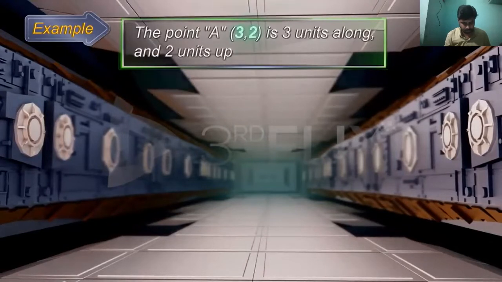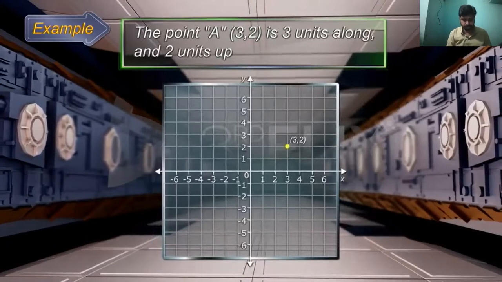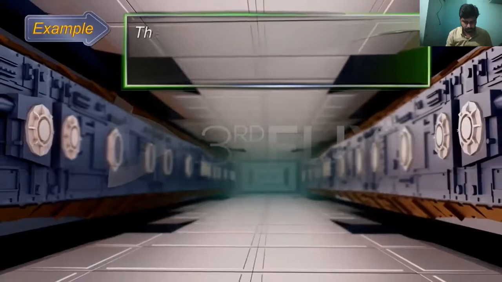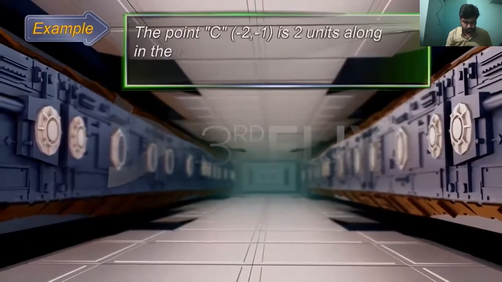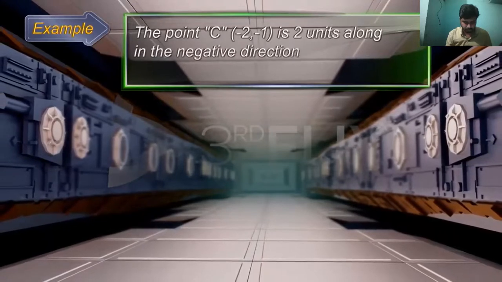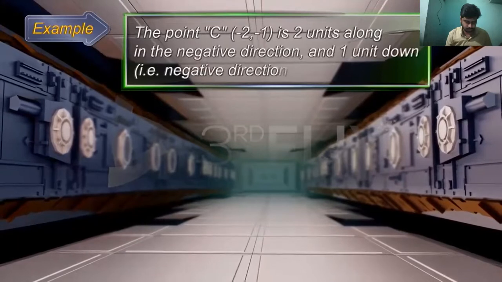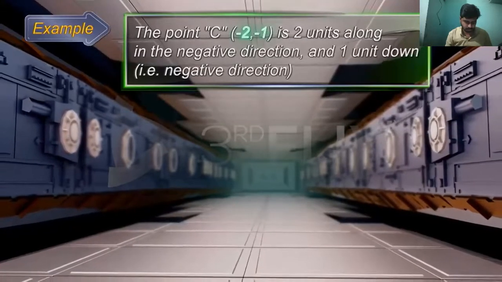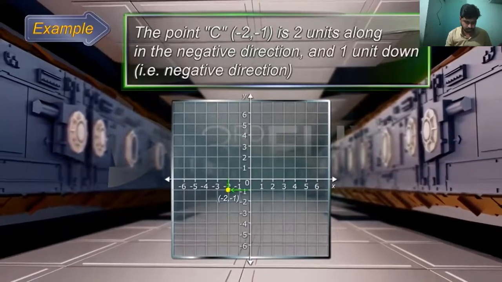Both x and y are positive, so that point is in quadrant 1. Example: the point C(-2, -1) is 2 units along in the negative direction and 1 unit down, that is the negative direction. Both x and y are negative, so that point is in quadrant 3.